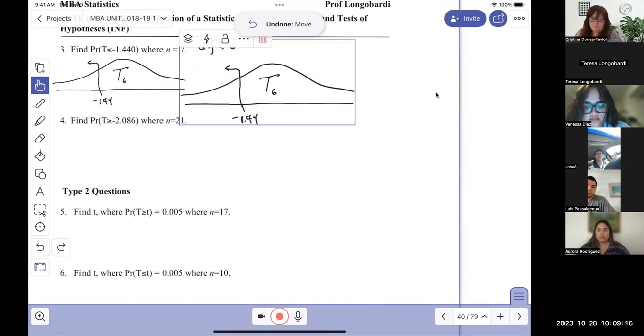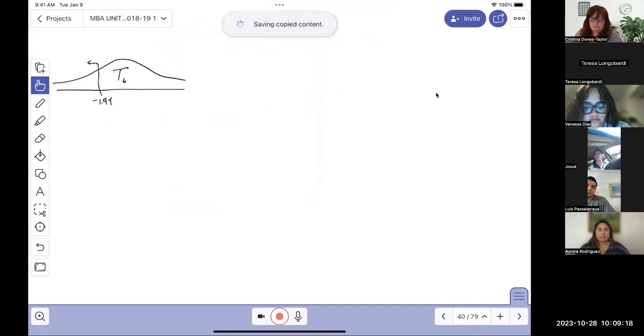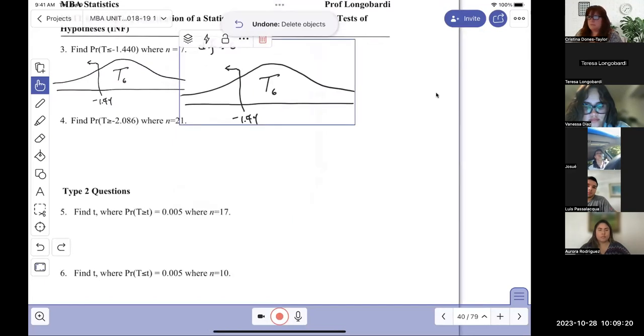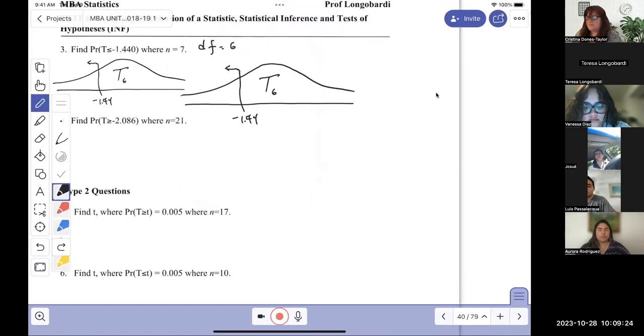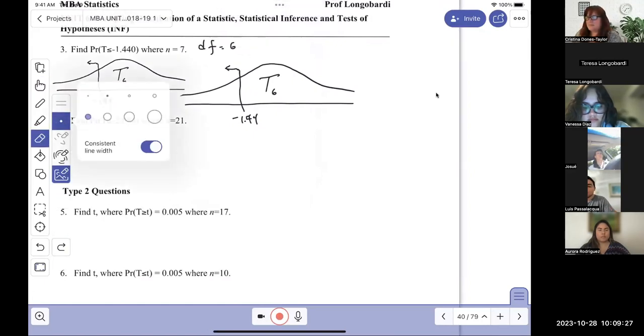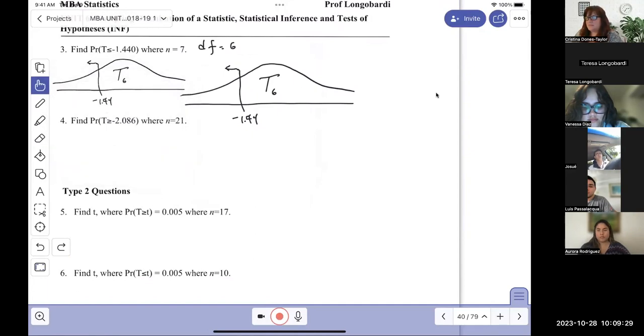I want this one, but the table that I have has everything on the right side.